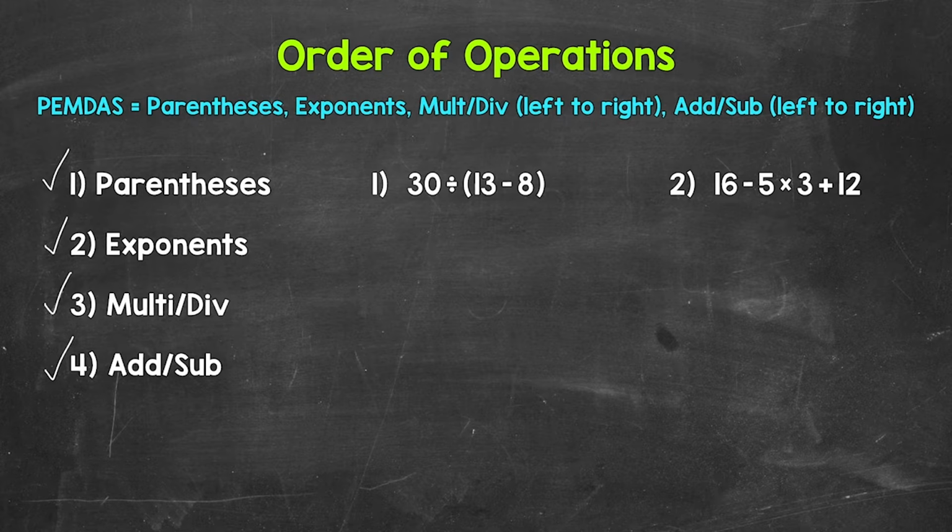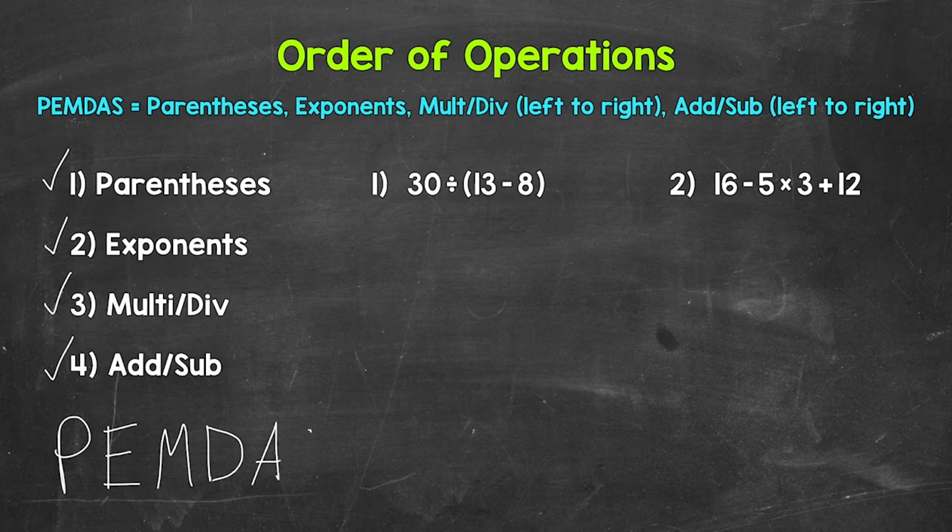Now we have an acronym that we can think of in order to remember that order. PEMDAS, so parentheses, exponents, multiplication and division, and then addition and subtraction. So PEMDAS just represents the order of operations.